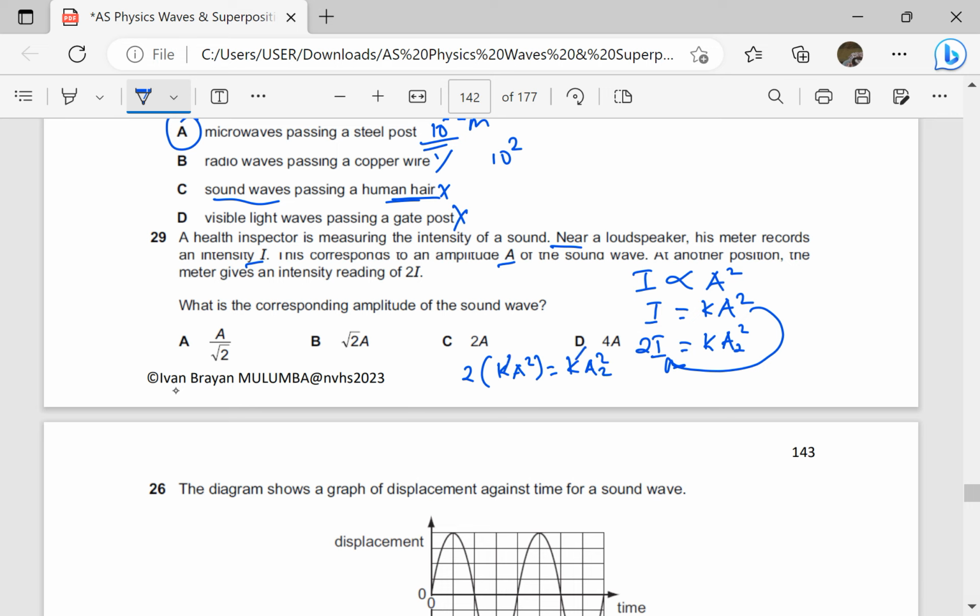So K cancels. I want to make A2 the subject, so I find the square root. A2 is going to be A times the root of 2. So our answer here is precisely going to be B, root of 2 times A. That is the new amplitude.